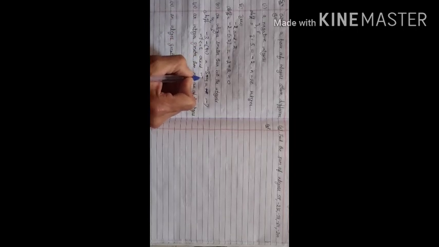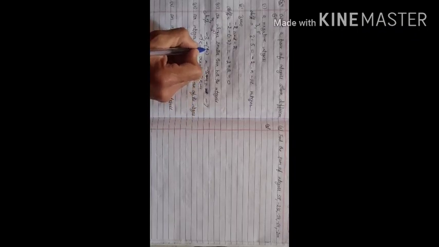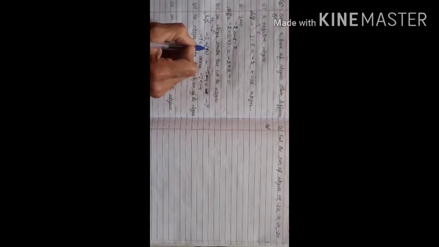Now minus 7 is less than minus 3 and minus 7 is less than 4 also. Here plus 4 is there, minus 3 minus plus 4, then minus 3 minus 4 is equal to minus 7.